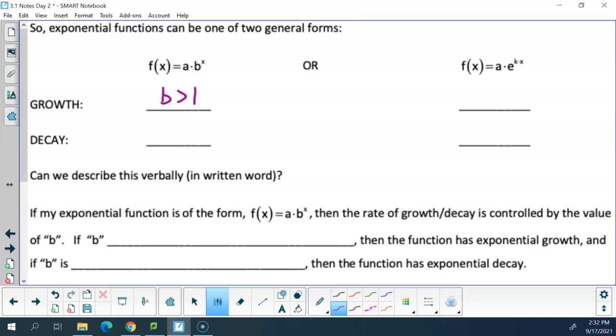Do we agree? For yesterday, a greater than 0. Yep, because it can't have a negative. Today, we get that.